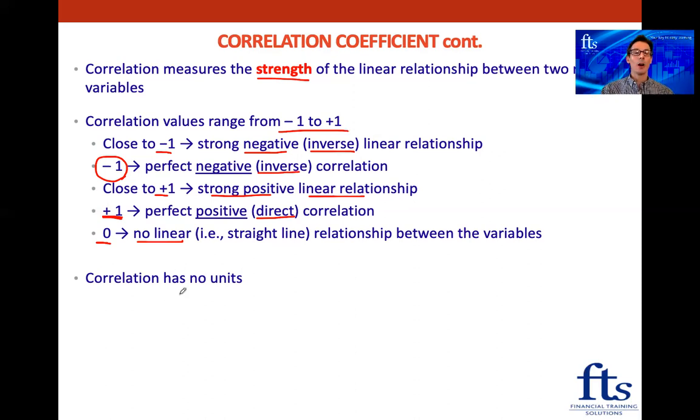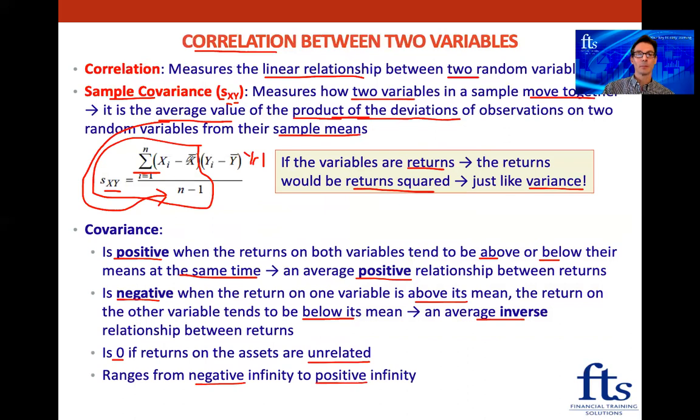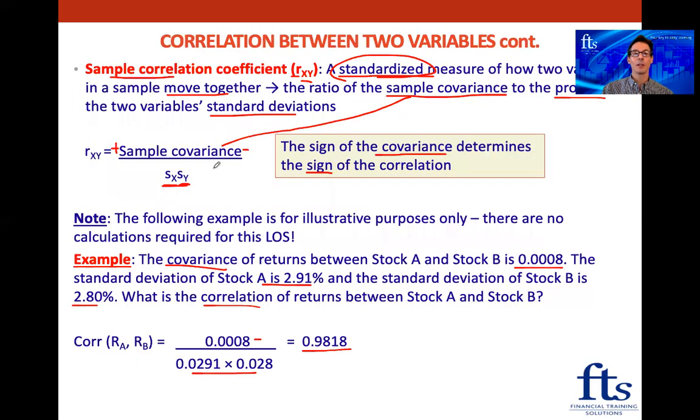And lastly, we can see correlation has no units. So why is that? If we just go back and have a little bit of fun over here, we know that with covariance we had percent times percent, so we've got in the numerator here percent squared.